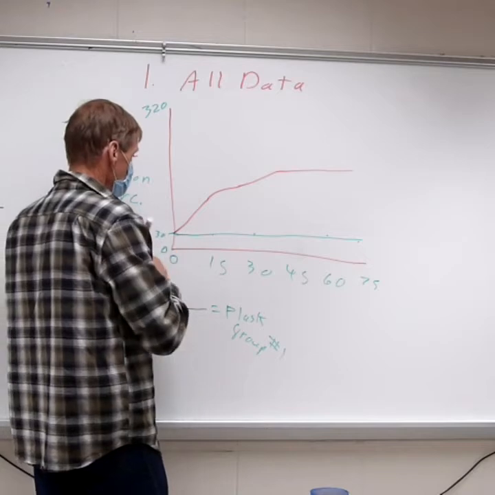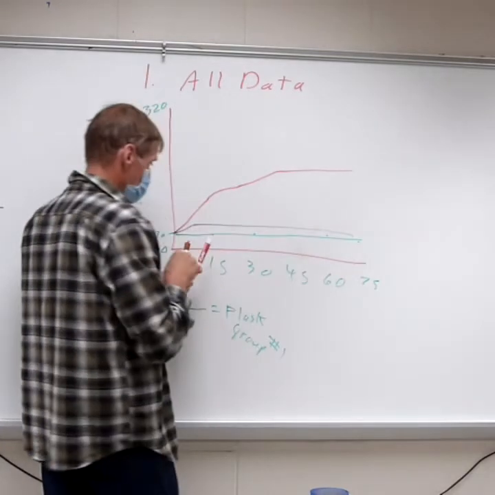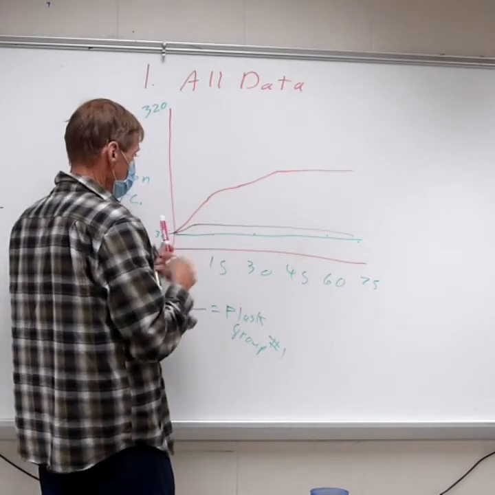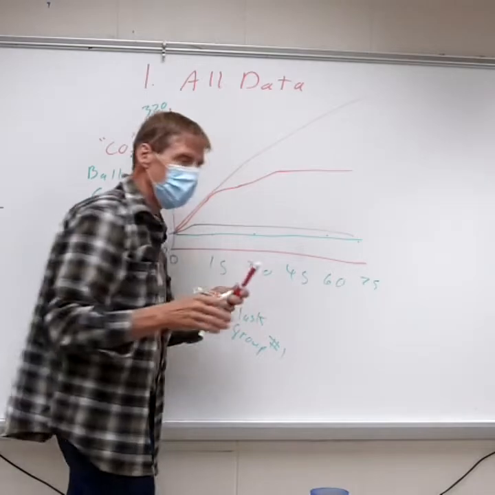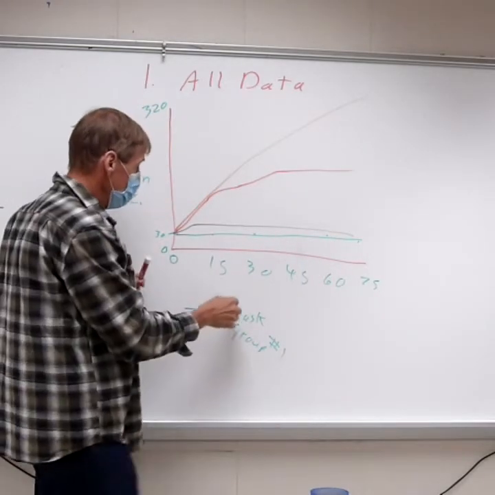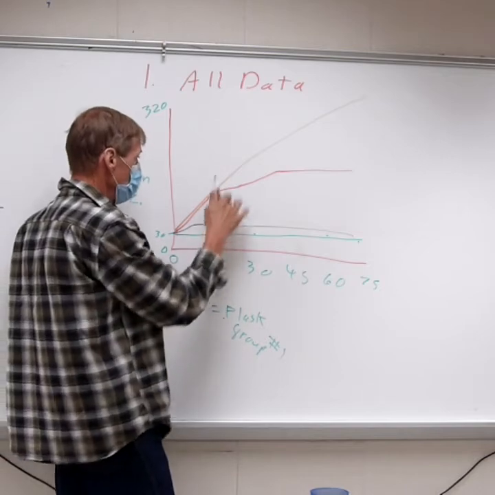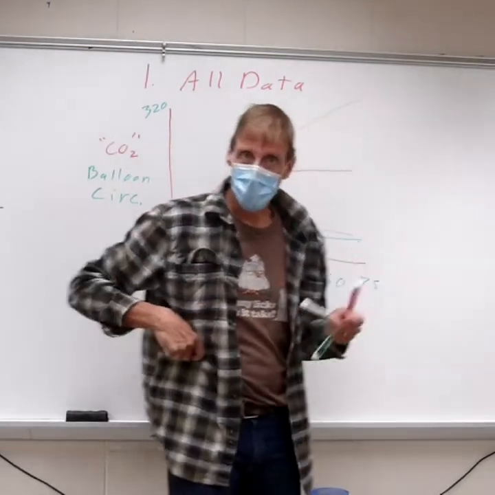And then you might have another one, go like this. And you might have a third one, go like this. You'll have 6 lines. This is time, and you'll have a key down here: group 1, group 2, group 3, whatever they are. Label them. That's it. That's one of the 3 figures.